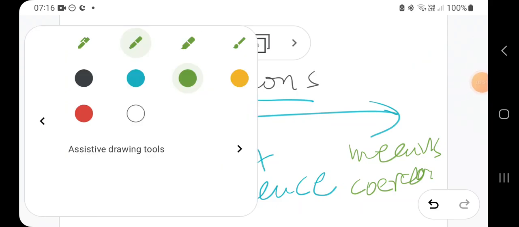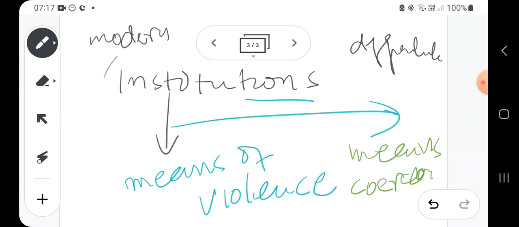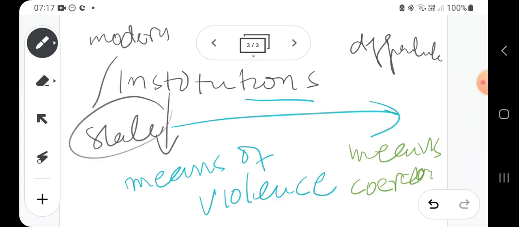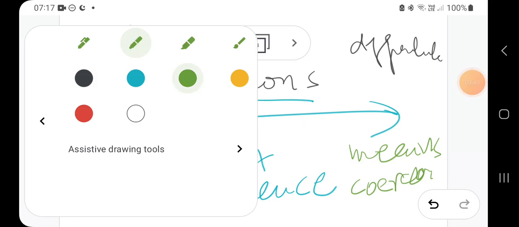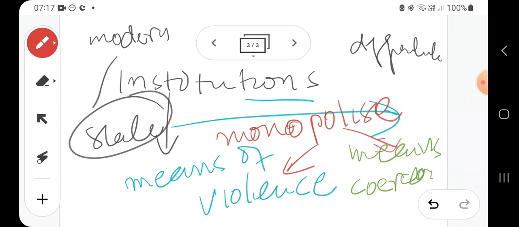And I guess one of the things which differentiates modern state from other pre-modern and medieval states is that modern state tries to monopolize the means of violence and the means of coercion.